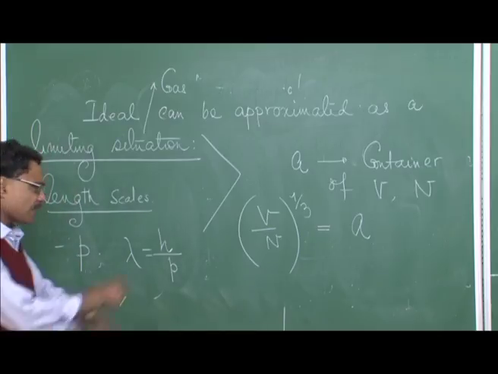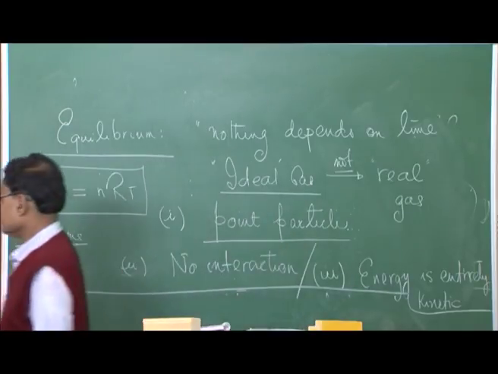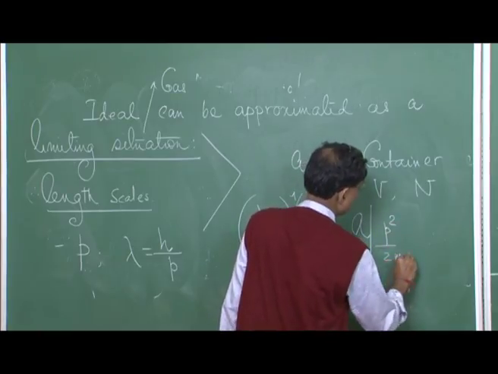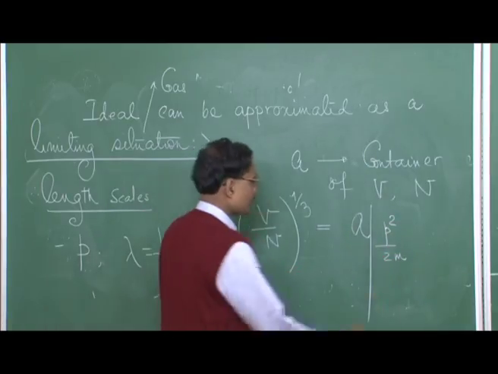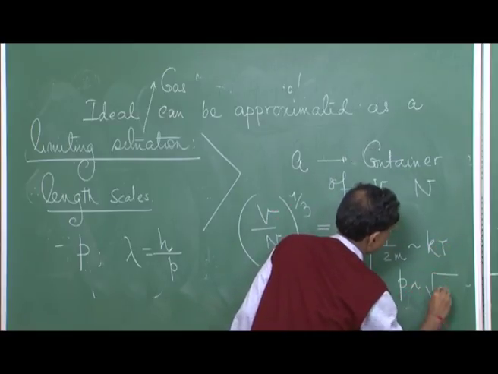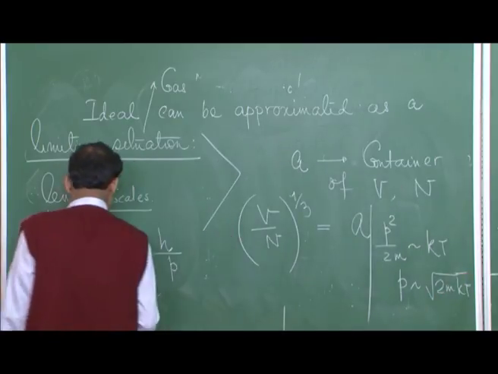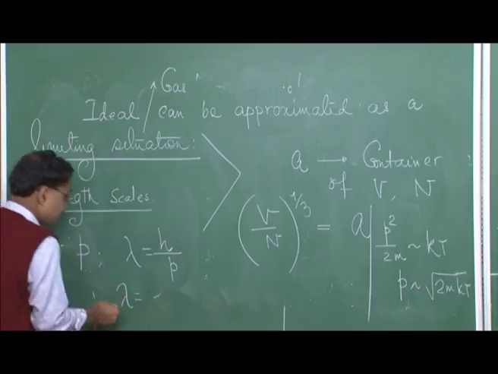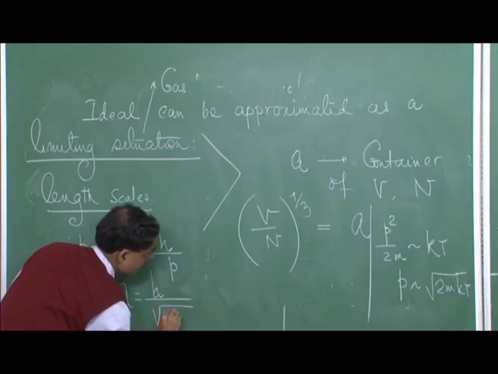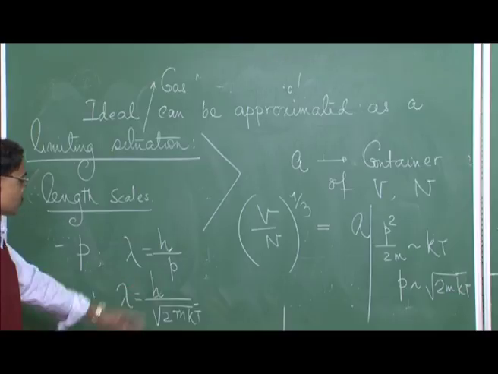Now, in a very hand-waving sense, let us assume that the average kinetic energy of a molecule, which I know, is of the order of kT, then you know p is of the order of root over 2mkT. So, you see there is a wavelength, or a length scale, associated with this, which is h over root 2mkT. Now, look at these two length scales.